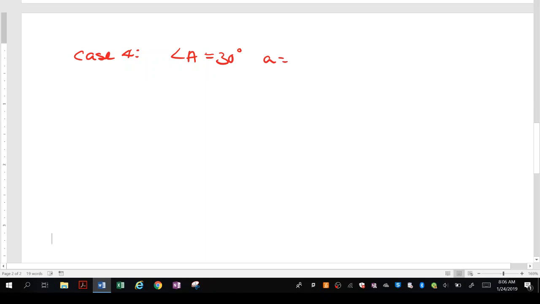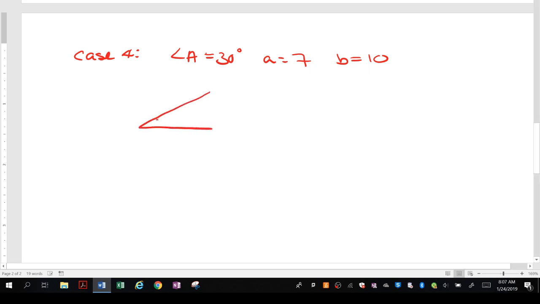Side B is equal to 10, so side A is larger than side B. Oops, I think I just did this one, sorry. I did that one first. Sorry, let's do a different one. This is where B is 10 and side A is 7. There we go. Okay, now let's draw our triangle here.